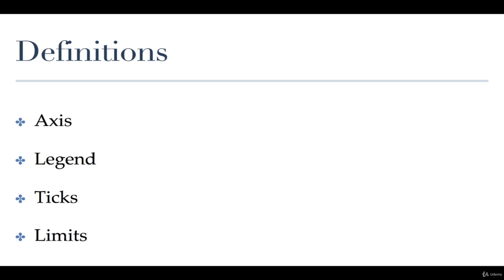A legend box is, if we have different symbols or some sort of visualization that needs to be defined within the graph. Let's say we had a scatter plot and we had dots and crosses. You'd use the legend to delineate what a dot is and what a cross is. We're going to play with ticks a little bit today, guys. So we're going to manipulate how many ticks are showing up in our graph and what limits our ticks are being represented by. So how about we just jump into it?